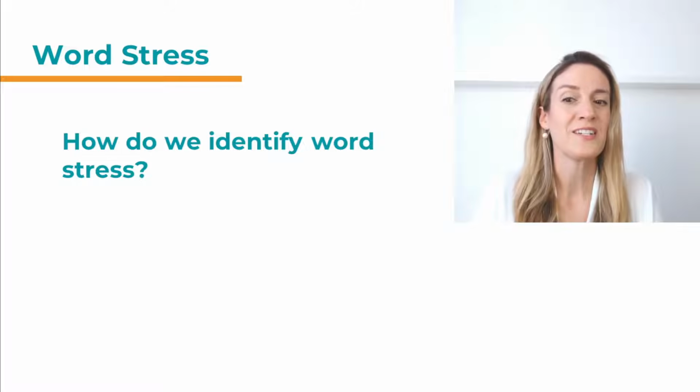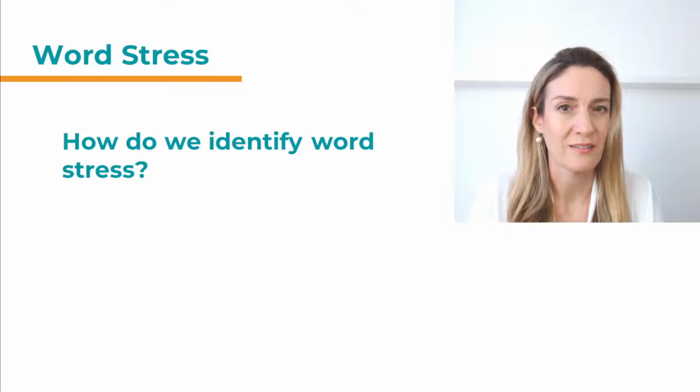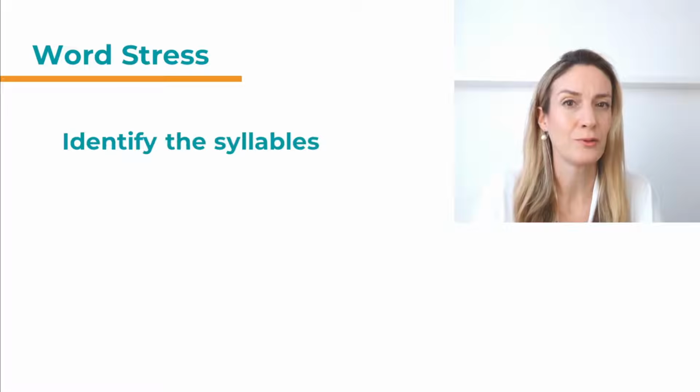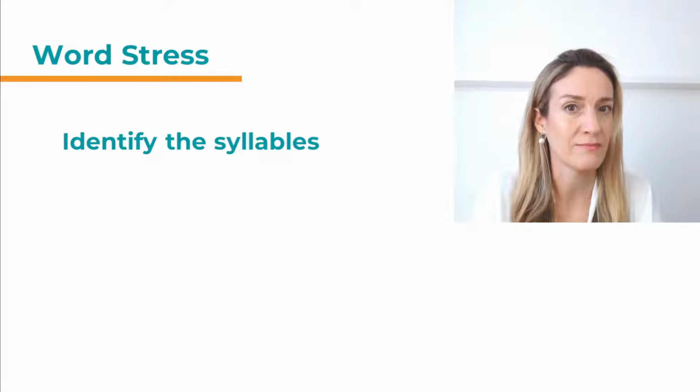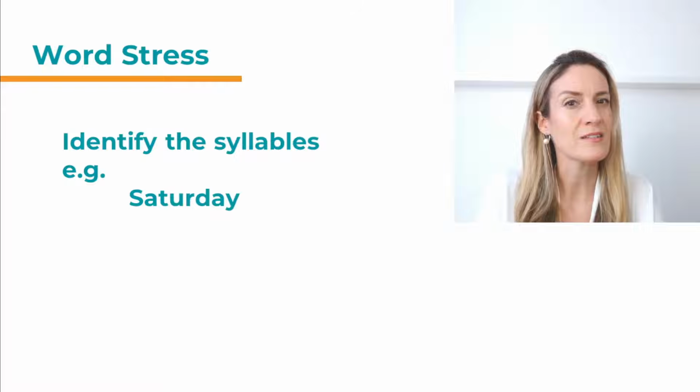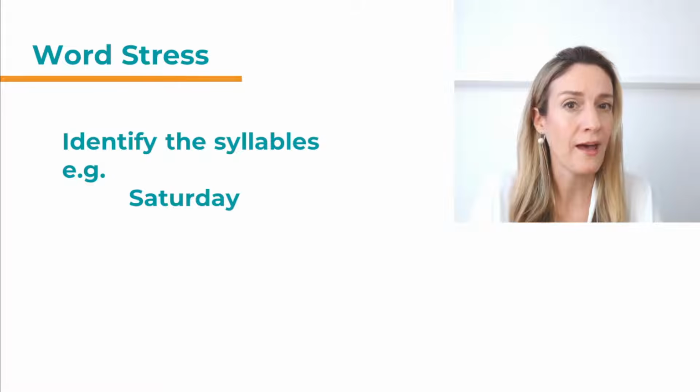How do we identify word stress? If we want to find the main stress in a word, first of all, we need to identify the syllables in a word. Here is an example word, Saturday. If we want to find the syllables, we need to identify how many vowel sounds we have in the word Saturday.